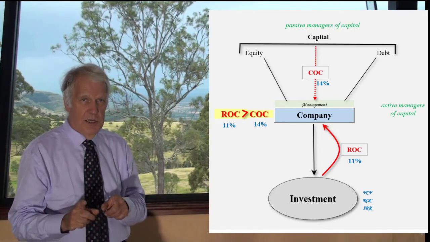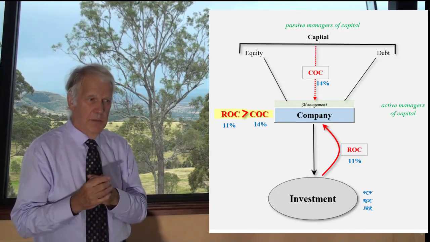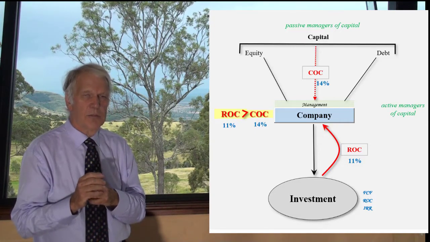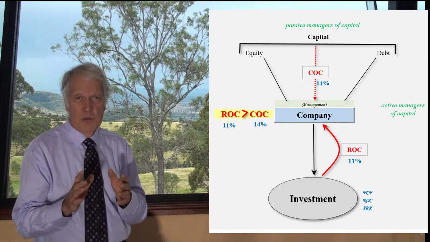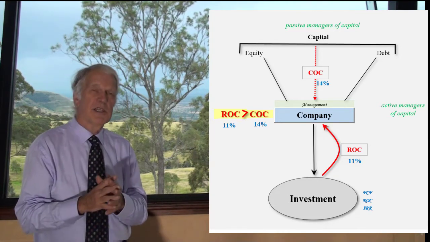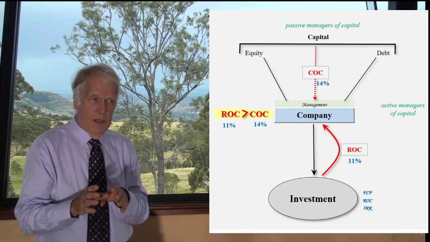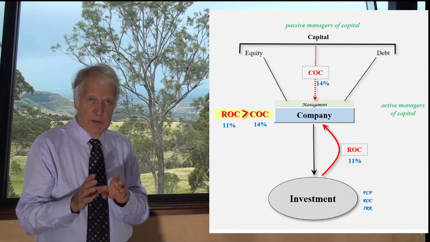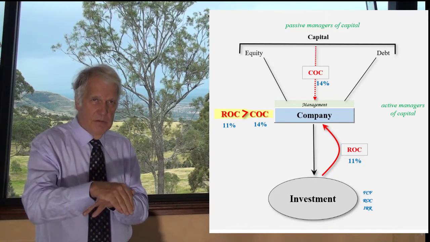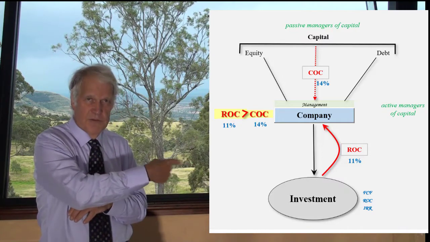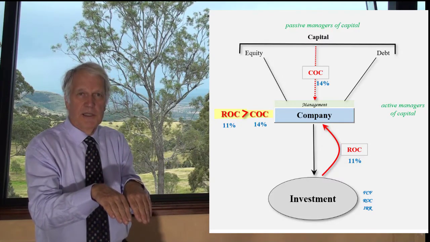Now, let me pause here before somebody calls me a hypocrite, because in a previous clip I said that price and value are two different things. There's no reason why at any particular moment in time price and value should be in alignment. I now seem to be saying something different. I'm saying that value is negative, because the 11 plays 14 here, and the price will follow it down and be negative.